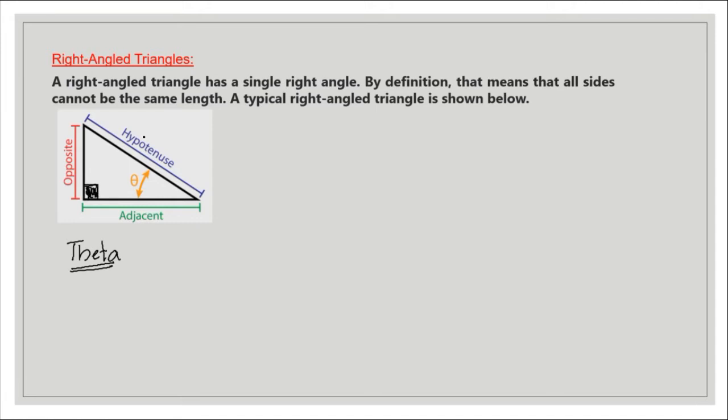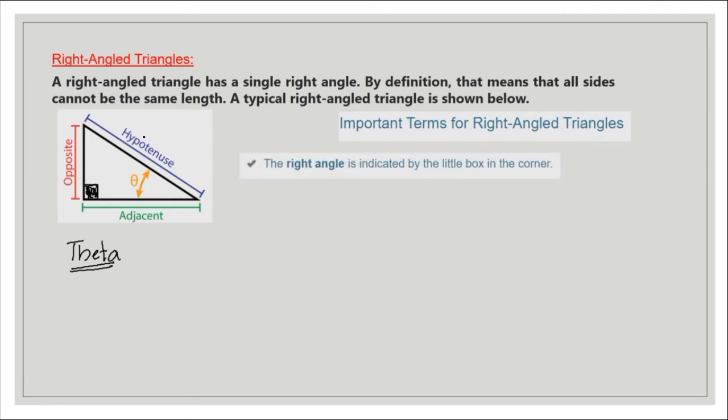There are some important terms which are to be learned in a right-angled triangle. The right angle is indicated by the little box in the corner. The other angle that we usually know is indicated by some symbol. Here the symbol used is theta.